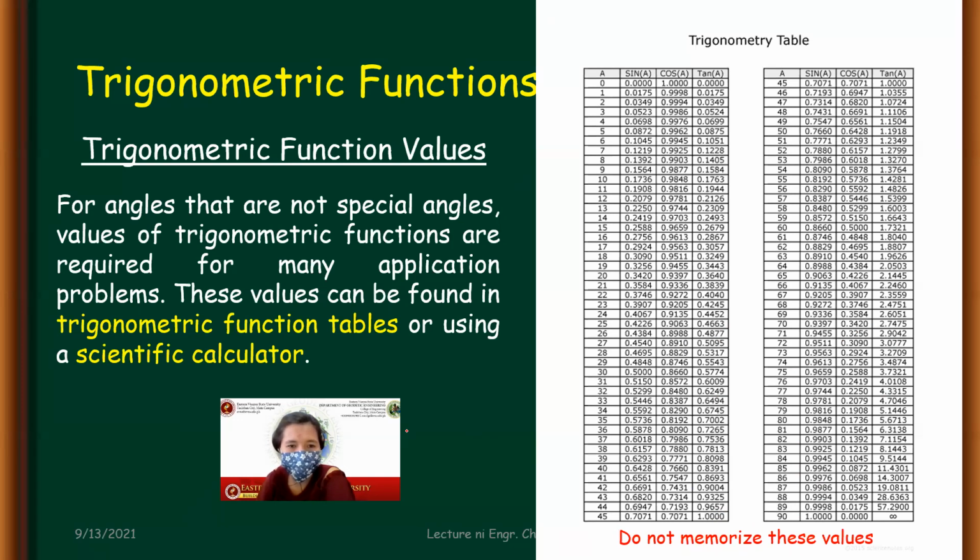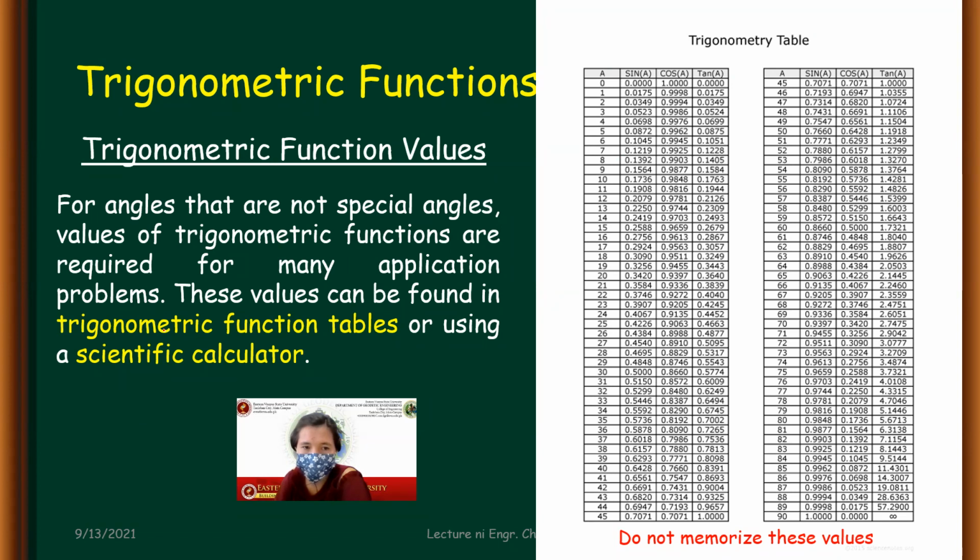Okay, for the angles that are not special angles, for example 1, 2, 3 degrees, 5 degrees, those are just standard angles. If it is not a special angle, the values of trigonometric functions are required for any application problem. So for these angles, if you don't have a calculator, you can use this table in order to compute the values of a function.